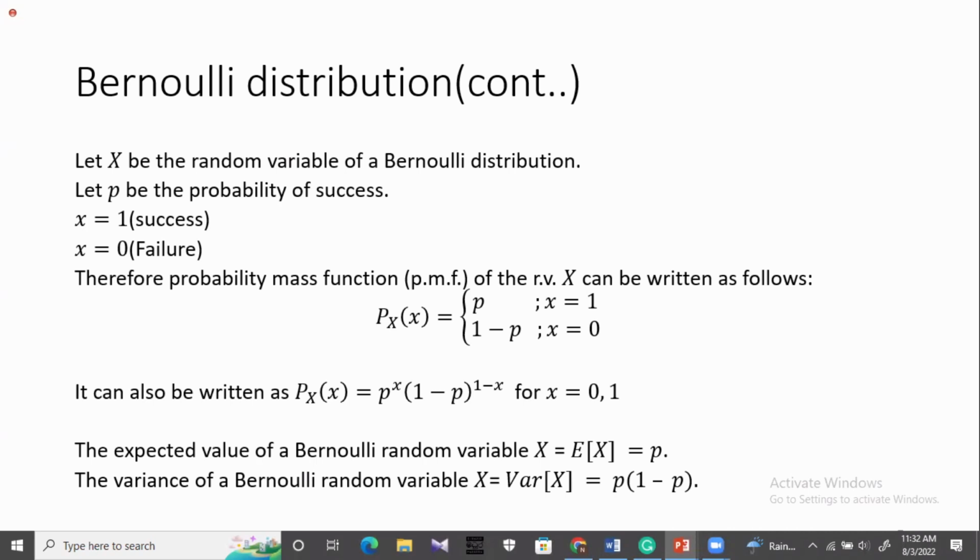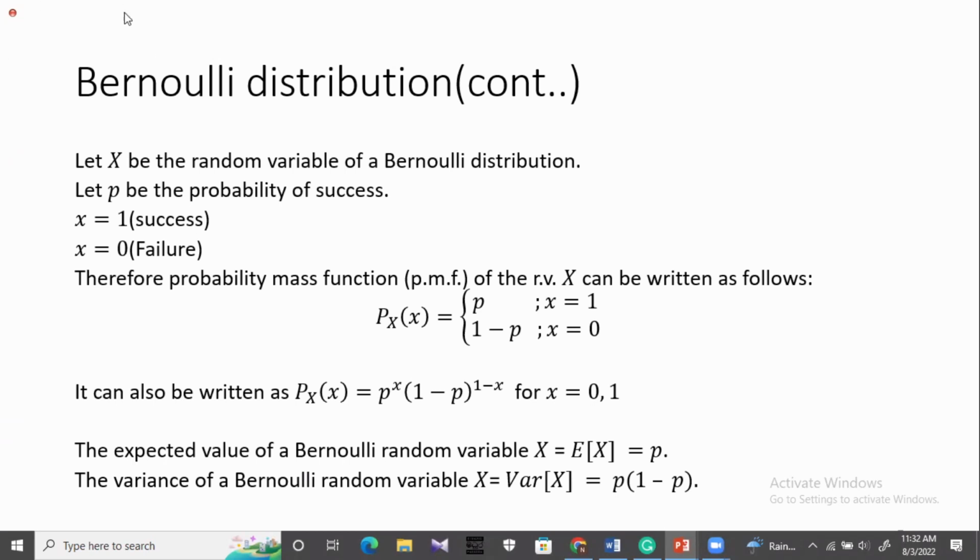If we assign number 1 for a success, then we have converted our qualitative data into a quantitative one. So we assign number 1 to success, and number 0 is assigned for failure.